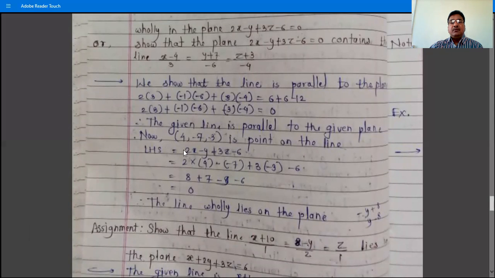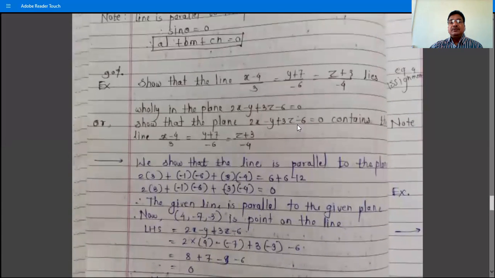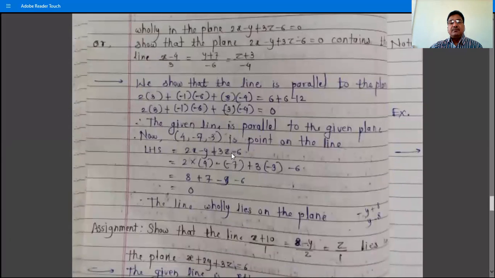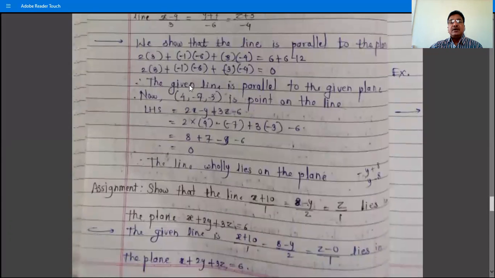If we consider the LHS of the equation of the plane, 2x minus y plus 3z minus 6, and substitute x, y, z as 4, minus 7, minus 3, then we have the answer 0. That is, the line wholly lies in the plane, because this point of the line satisfies the equation of the plane, and the line is parallel to the plane.